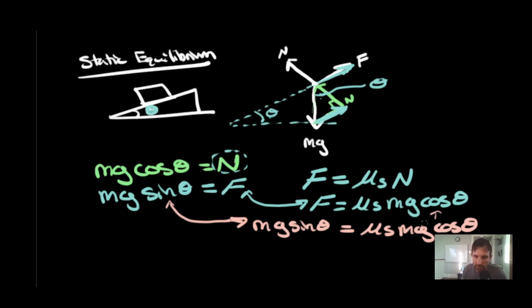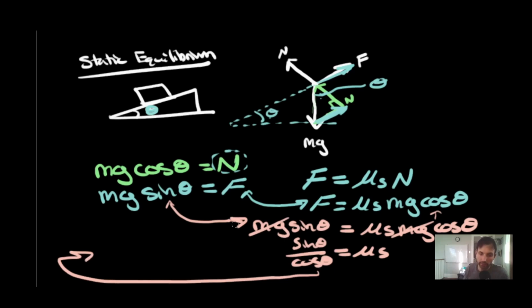Now, mass times gravity cancels, and you're left with sine of theta over cosine of theta equals the coefficient of static friction. Let's bring that on over here.